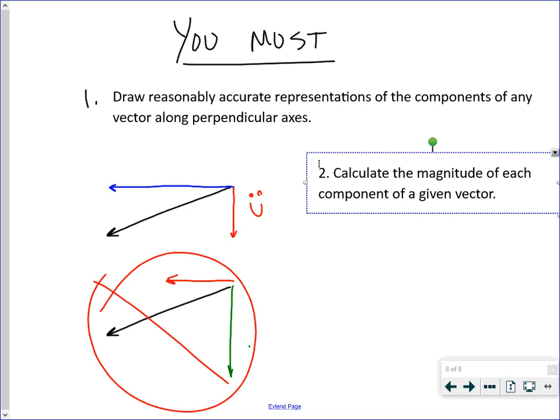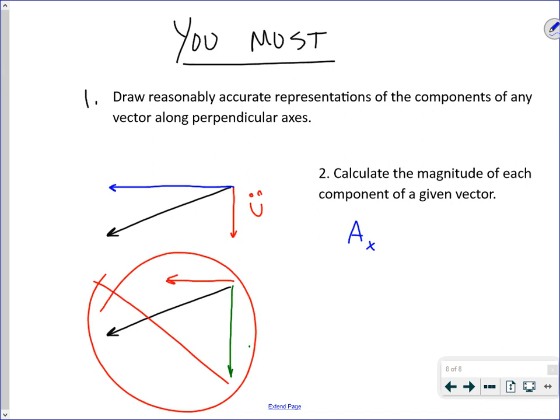Which is to say that, well, yeah, there's Rx, or your Regents reference table says any old vector A, any vector A's x component is A cos theta. Any old vector A has a y component that's A sine theta. You just need to be able to do that. All right, those are the big two things for now. You can or you can't, but you must. Okay? Okay, kiddos. See you tomorrow.